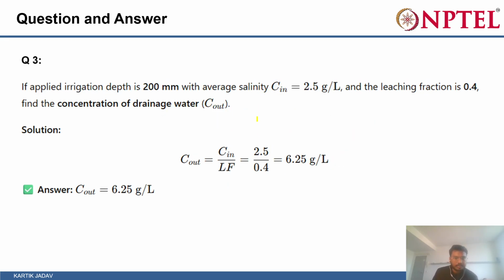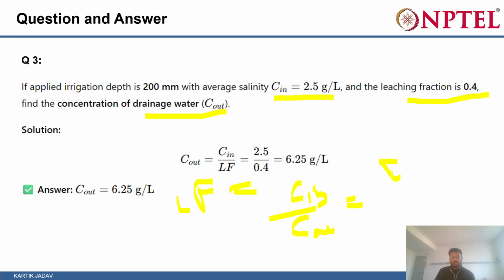Now, if the applied irrigation depth is 200 mm, average salinity is 2.5 gram per liter, and leaching fraction is 0.4, the concentration of drainage water is required. Again, leaching fraction we know is equal to C in divided by C out.